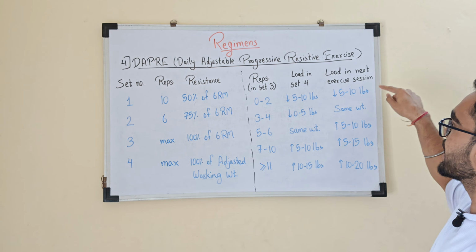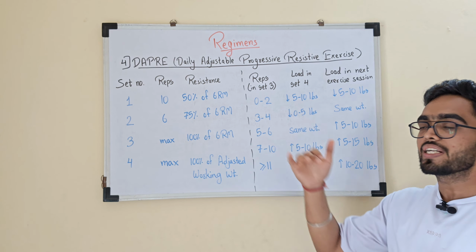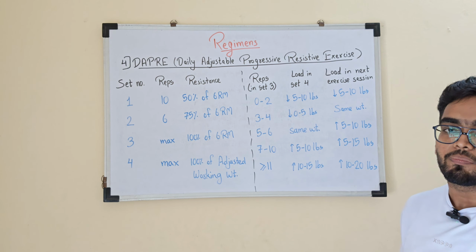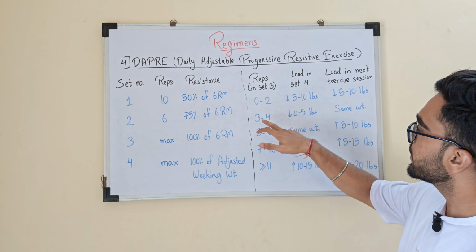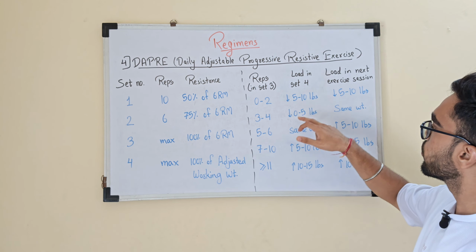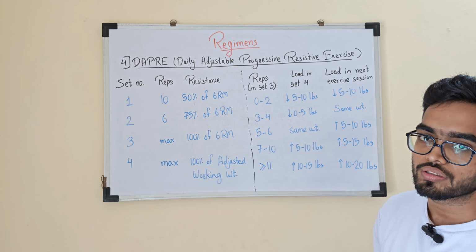Okay, and in the next exercise session also, we will decrease the load of the entire workout plan by 5 to 10 pounds. Now if he does 3 to 4 reps, we will decrease the load by 0 to 5 pounds.